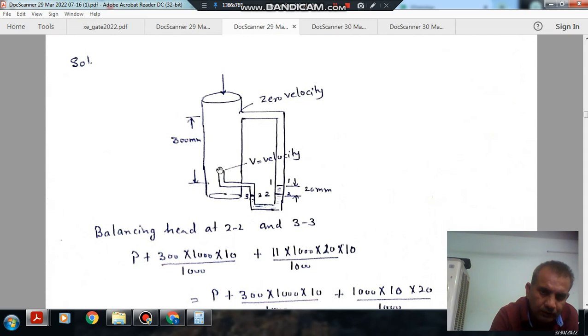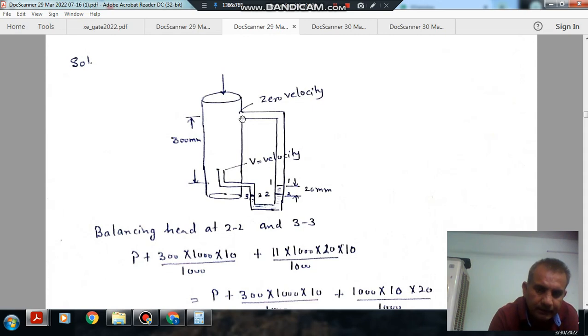Suppose V is the velocity entering from the center line in the left limb. Below 3 and below 2 there is magnetic fluid, so at 3 and at 2 the pressure will be the same. Now we will balance the pressure at 3 and 2 and find out the velocity.